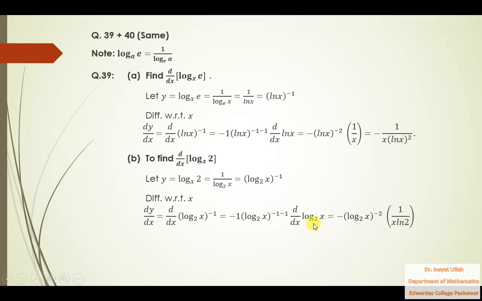You see that this is a general logarithm. The base is not e, so apply the formula for the derivative of a general logarithmic function. That will become 1 by x ln 2. So that is the derivative of this function.